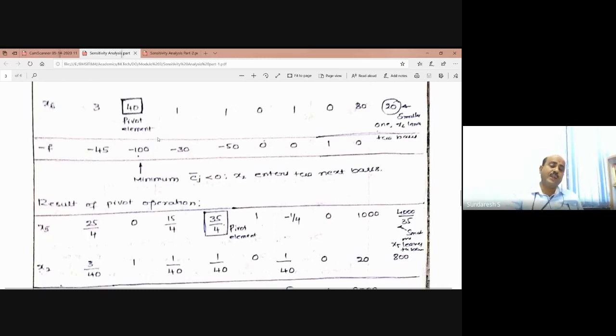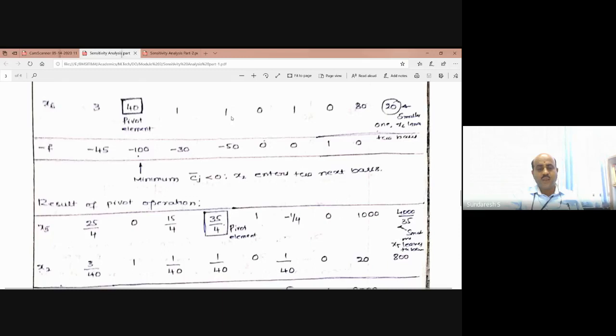So a simple example here, see, the first column is 3. 3 divided by 40, so we have put 3 by 40 here. Okay. And moving to the second column, that is X2, it is 40 divided by 40, it is 1. Okay. Then the third column, the X3 value is 1. 1 divided by the pivot value, it is 1 by 40.